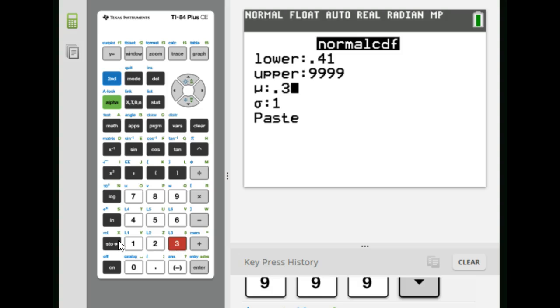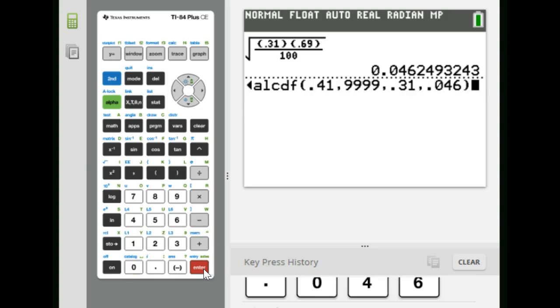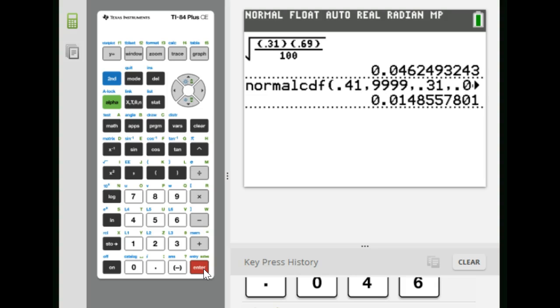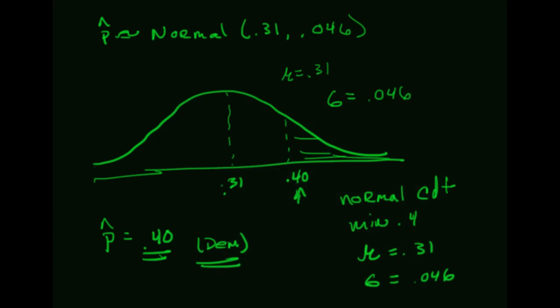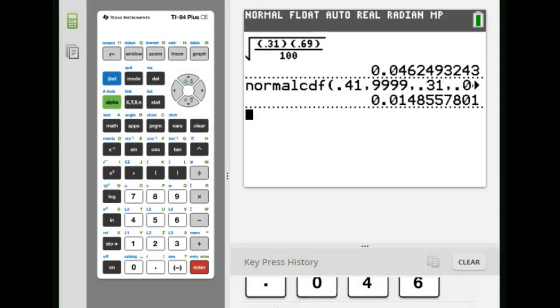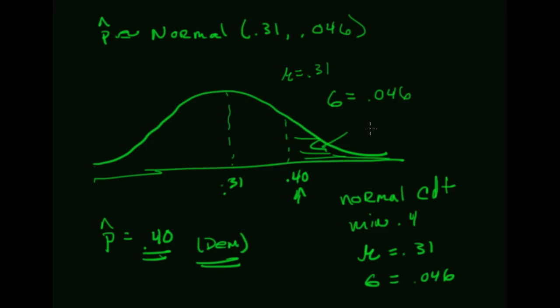My mean is 0.31 with a standard deviation of 0.046. I hit enter, and it tells me the probability is about 1.48%, let's call that 1.5%, or 0.015.